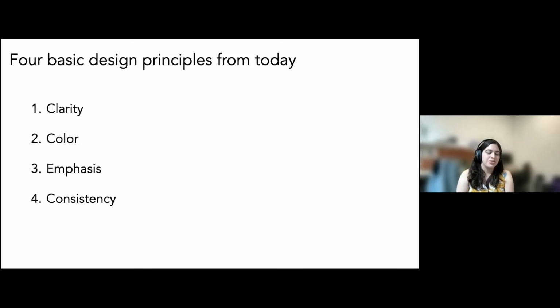And then finally, I told you a little bit about consistency and applying these principles to the entire product as a whole. So thinking about the individual figures, but also how things carry across all of your figures as one entity. I termed these at the beginning as 3 C's and an E to hopefully help you remember them: clarity, color, emphasis, consistency. Hopefully that helps get you started on figures.